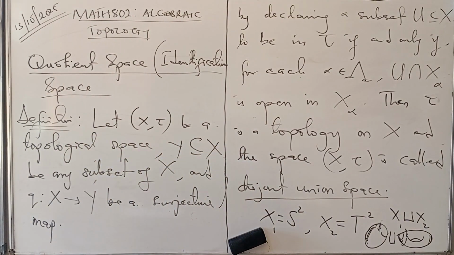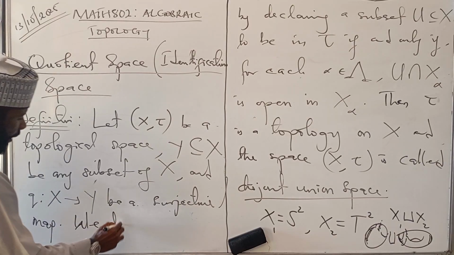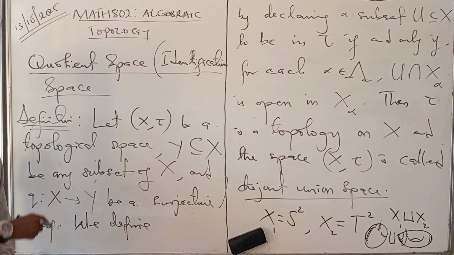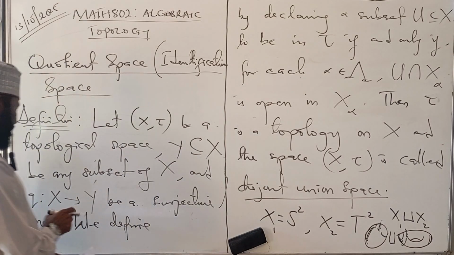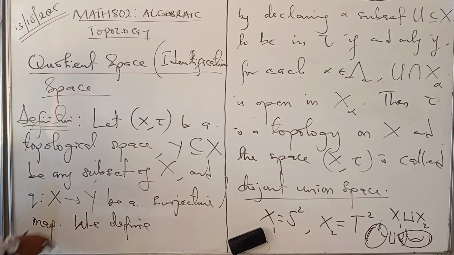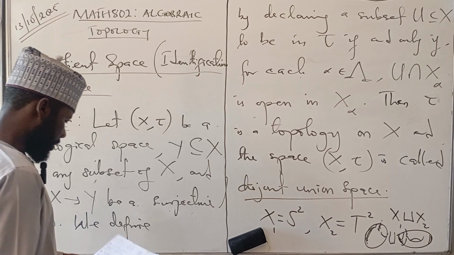Okay? Then with it, we define, you see, this is not like subspace topology. You have a subset and you have a mapping. For a subspace topology, you don't require any mapping. But if you have an onto map, you can always define a topology.